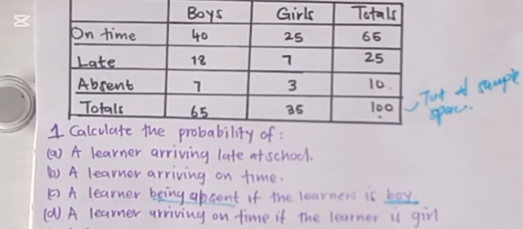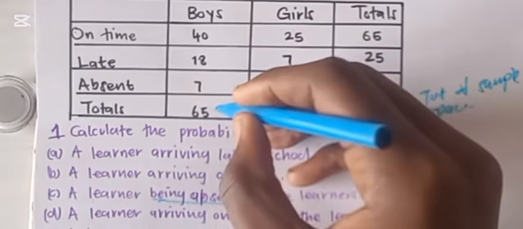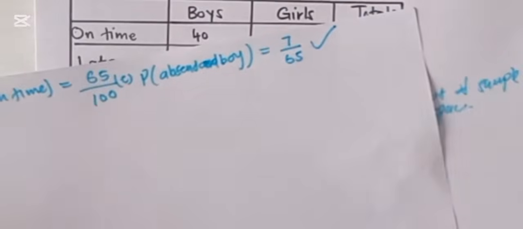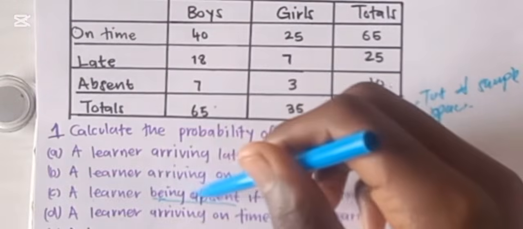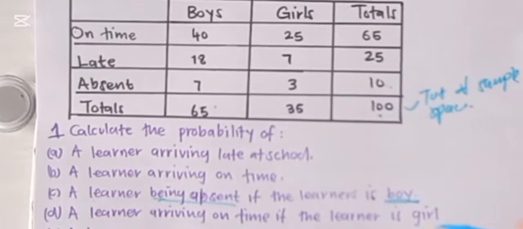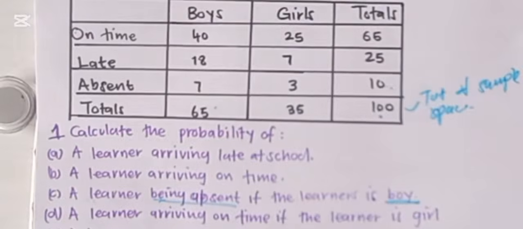Does that make sense to you? So the total number of sample space is no longer going to be 100. It's going to be the total number of all the boys, which is 65. So we divide by 65. This will be the probability of a learner being absent, if that learner is a boy. Does that make sense to you?